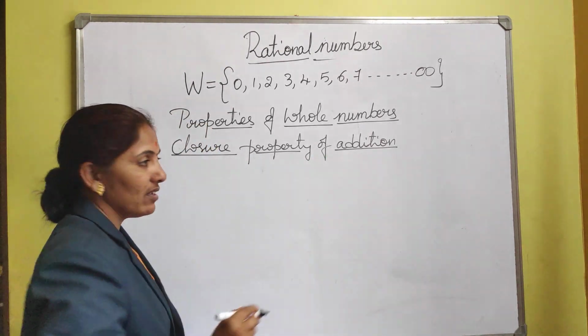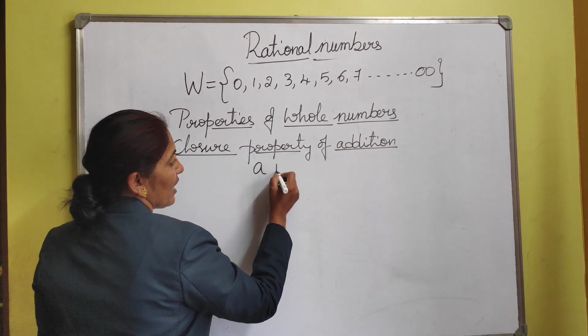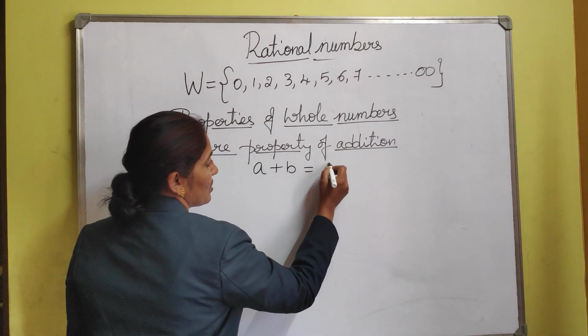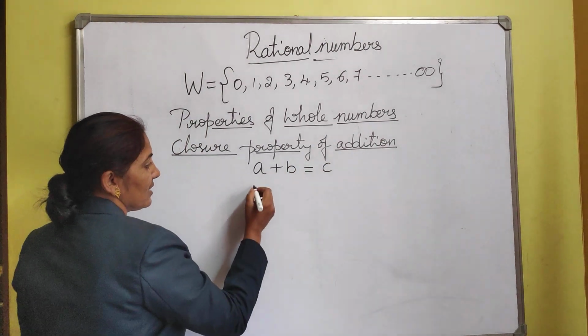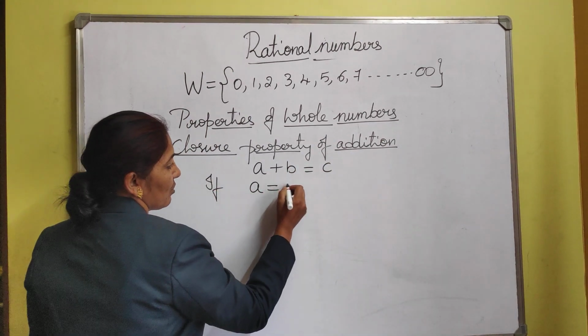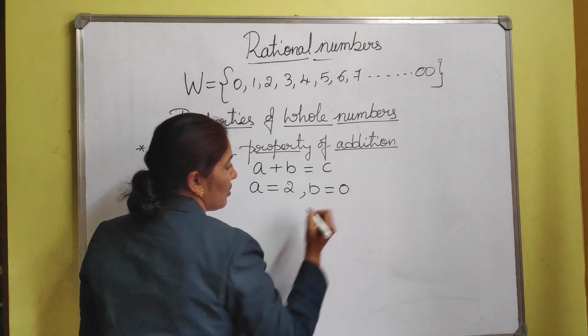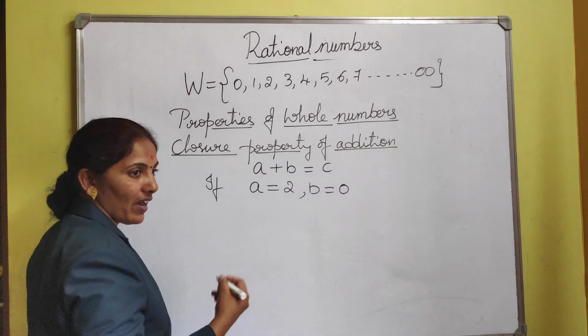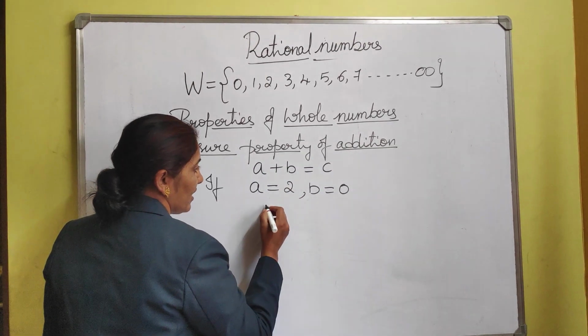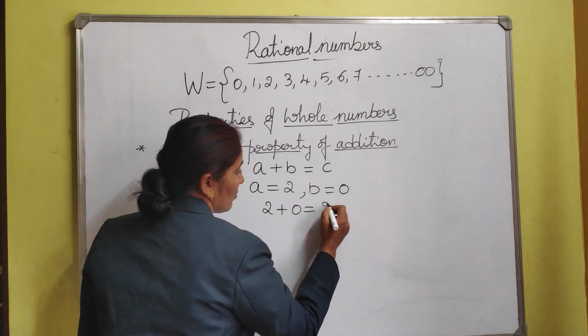Under addition, we know that closure property of addition, what does it say? A plus B is equal to C. Yes, I'll consider the value of A is equal to 2 and the value of B is equal to 0. When we add or find the sum, what is it that we get here again? 2 plus 0 is nothing but equal to 2.